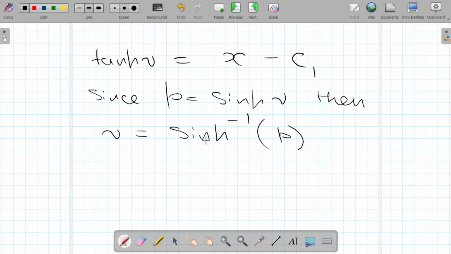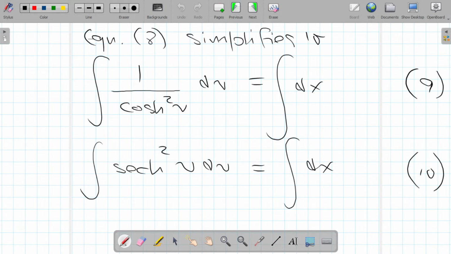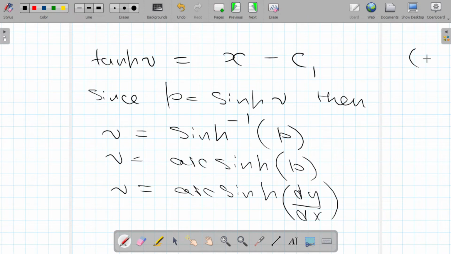So v equals arcsinh of p. But we know that p is equal to dy by dx. So we've got v equals arcsinh of dy by dx, right? Now let's put some equation labels in. So this is equation 11, and we'll call this equation 12.